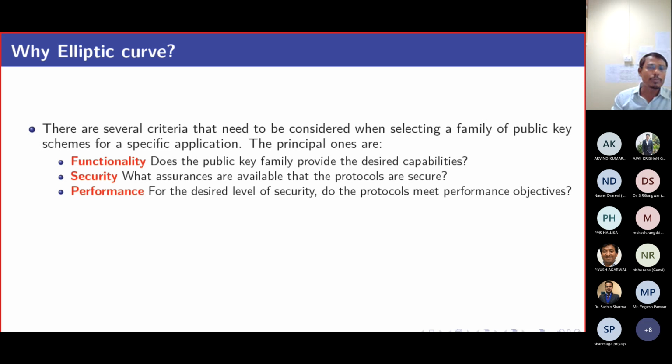Efficiency not only from the computation point of view, but also storage and implementation, like whenever you are going to implement in hardware, what should be the chip size? From the literature, we can easily understand there are wide applications of elliptic curve, and it is efficient and provides an adequate level of security. Yes, we can use the elliptic curve in cryptography.